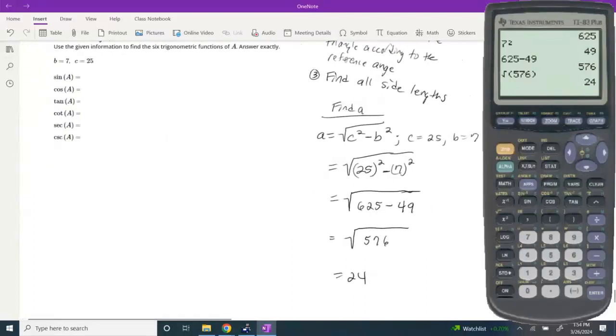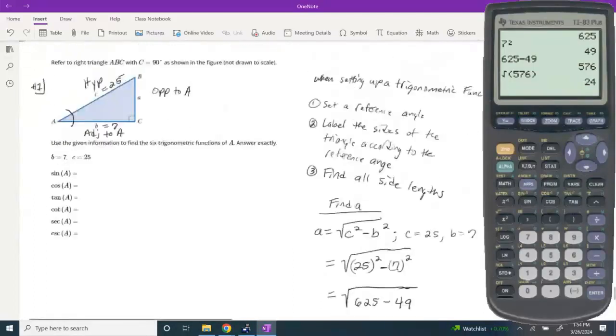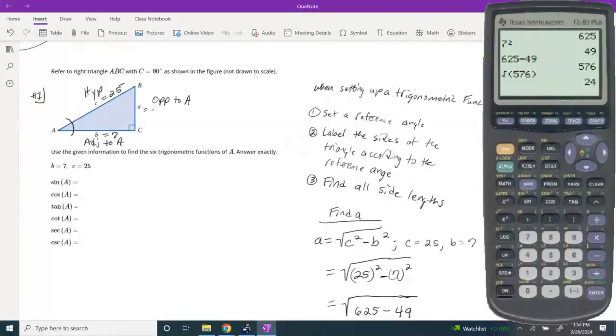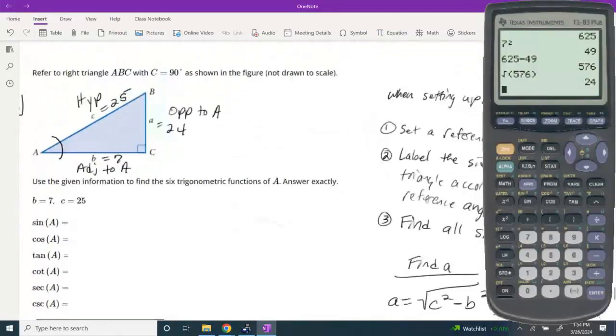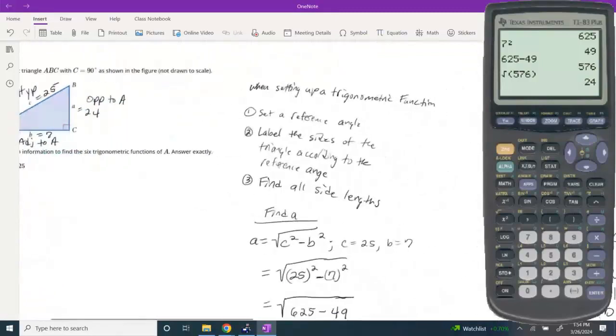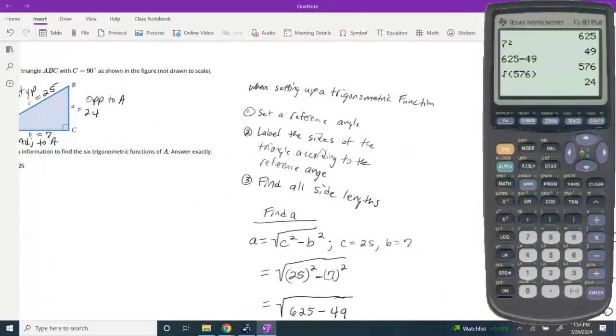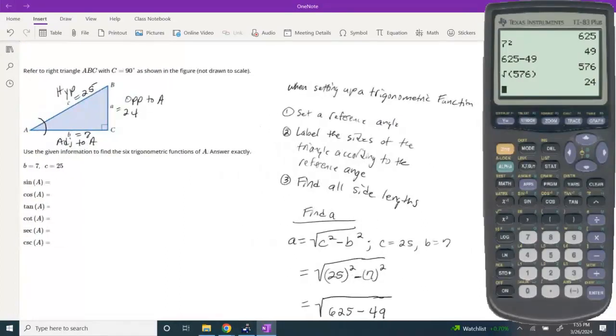So side length A is 24. All right, so any questions on, first of all, setting up your right triangle, right? You have to find a reference angle or set a reference angle, label all your sides, find any missing side length.